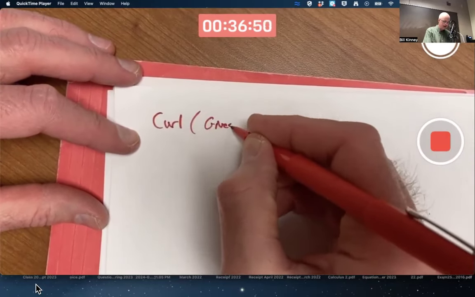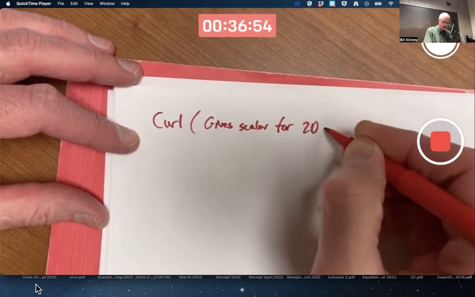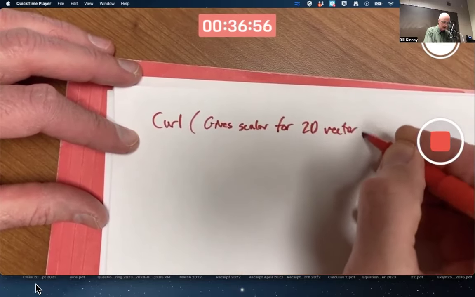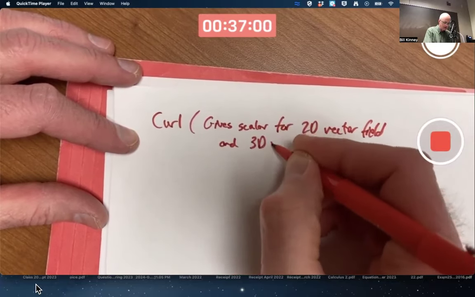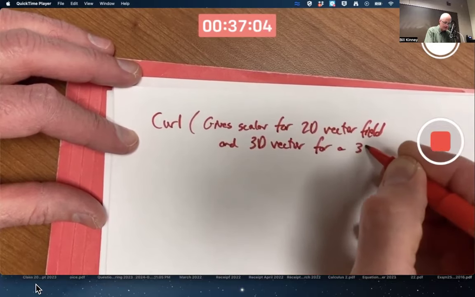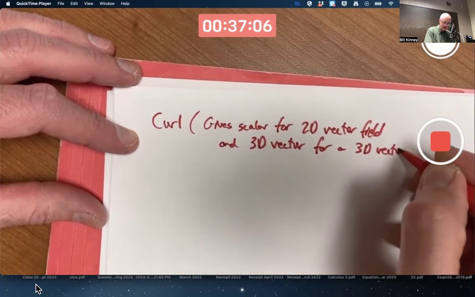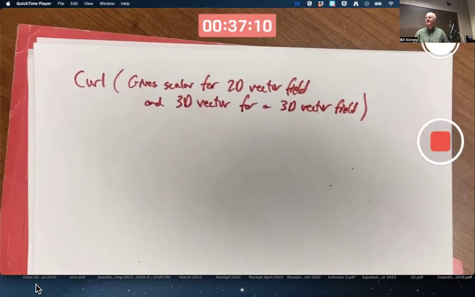It gives a scalar for a 2D vector field and a 3D vector for a 3D vector field. Actually, in the 2D case, you also could think of it as a 3D vector, though the first two components of that vector are trivial. They're both 0.